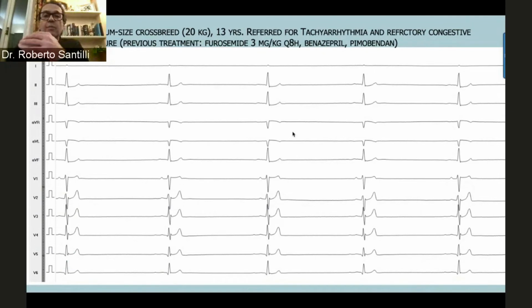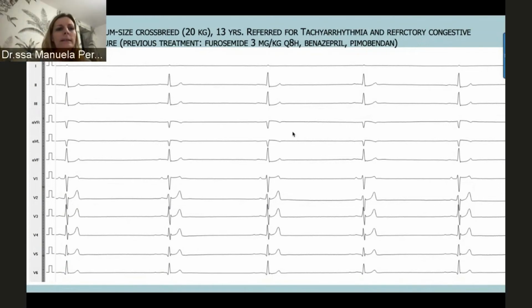But if you have mainly left heart failure with refractory and recurrent pulmonary edema, it's a very good option to add amlodipine, because it's been shown that amlodipine can reduce left atrial pressure and therefore left ventricular preload. So I do agree, but mainly in refractory, recurrent pulmonary edema, and less frequently in dogs with combined pulmonary hypertension and ascites.